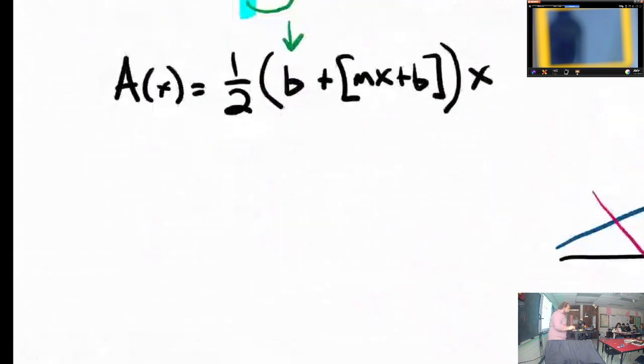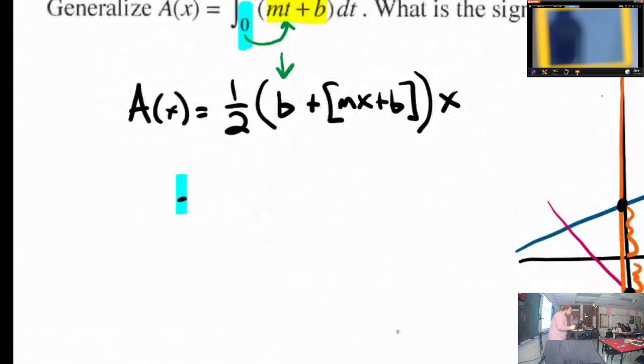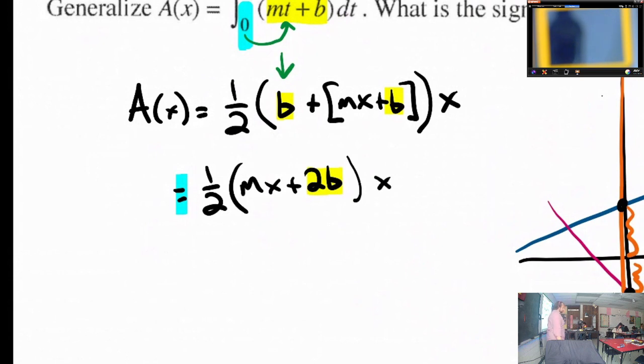Let's try it. What we would have is equals, let's keep that 1/2 out here in front, let's just do some cleaning up. We would have mx plus 2b inside of this parentheses, because you can add your b's together. b plus b will give you 2b times x. You could multiply the x and the 1/2 in any order that you like.